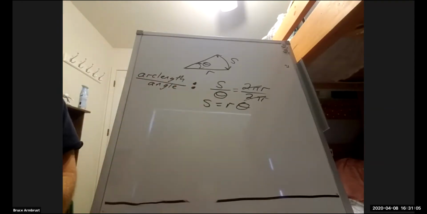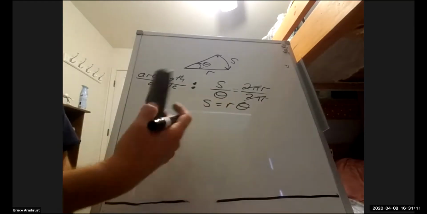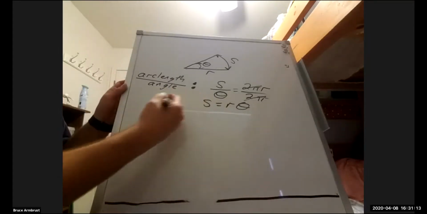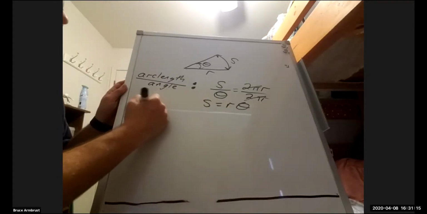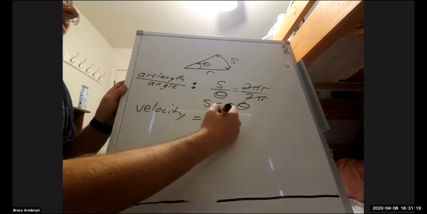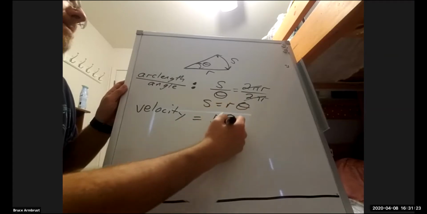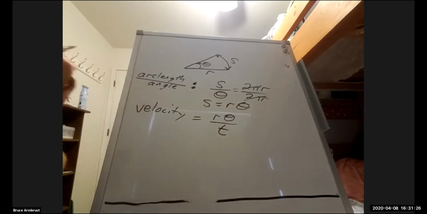Now, let's go to figuring out velocity. If this is the distance traveled, then the velocity is just going to be that distance over time. So we're going to take that S, R theta, and divide by time.